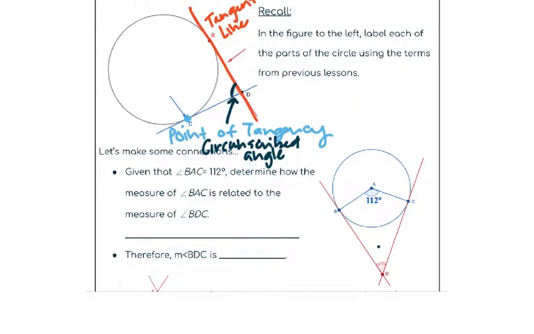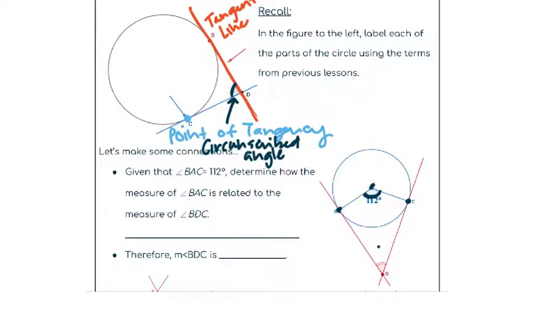So let's do that. So right here in this picture to the right, I'm giving you a central angle. Remember, it's a central angle if it involves the center of the circle and then 2 points on the circumference that form that angle. So that's called a central angle. What do we remember about the relationship between a central angle and the circumscribed angle?